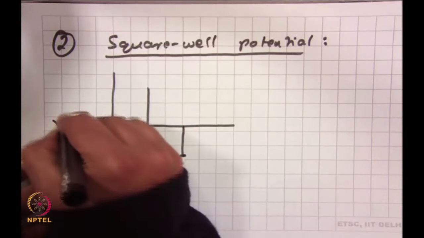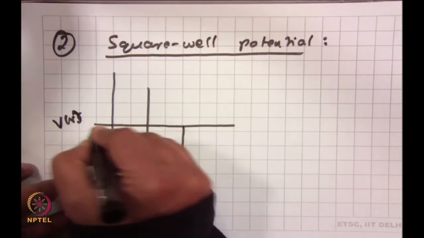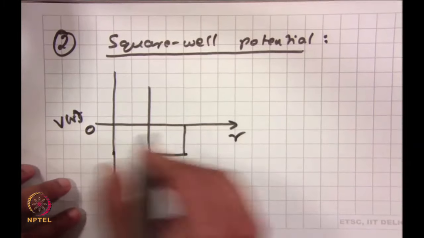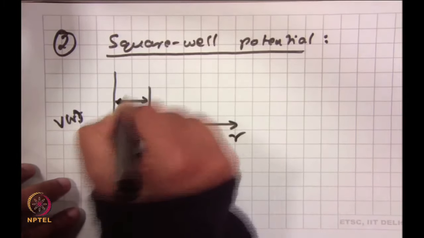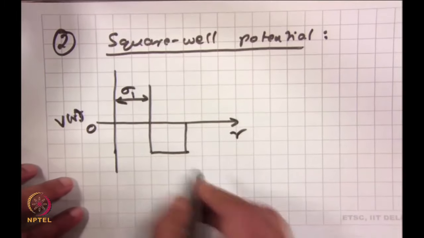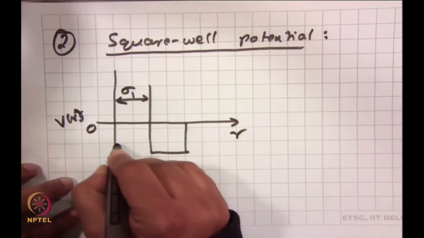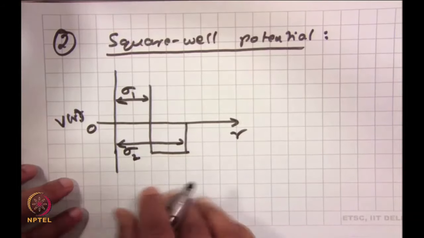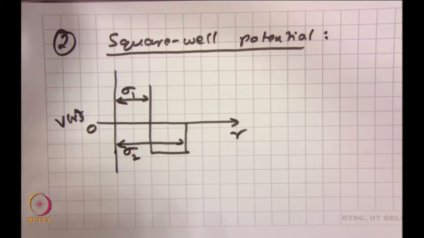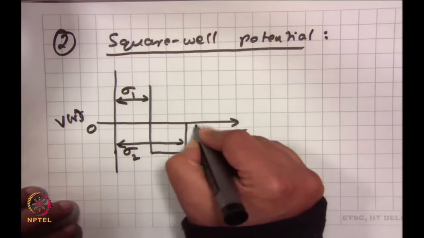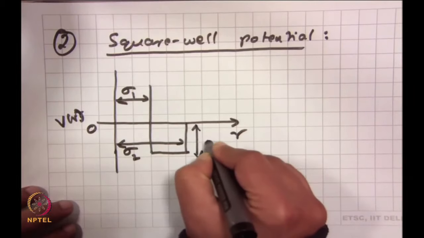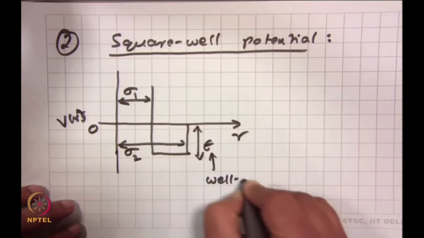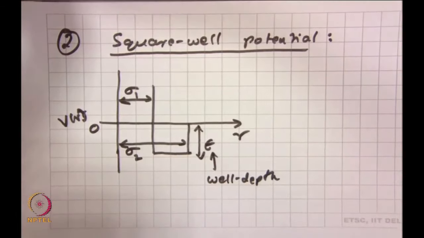Okay. So this is again V of r, this is 0, this is your r, this is sigma 1, and this is sigma 2. The depth is epsilon, so epsilon is the well depth.